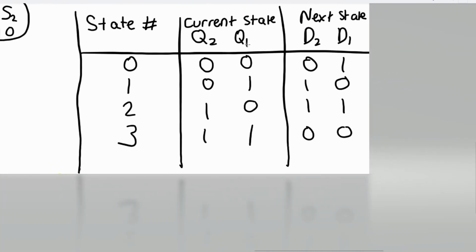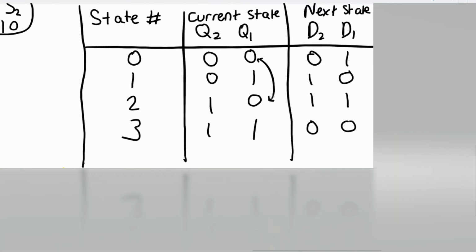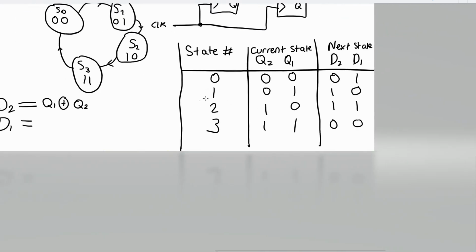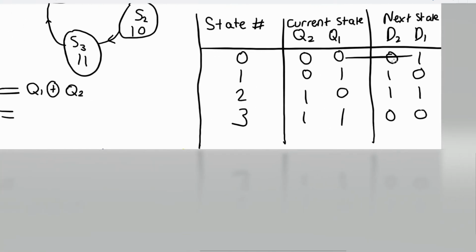It's going to be not Q1, because you can see there's common zeros. You can do it any way you like, figure out the logic, but it's very basic. It's just combinational logic, and it doesn't matter what Q2 is, so it's just going to be not Q1.